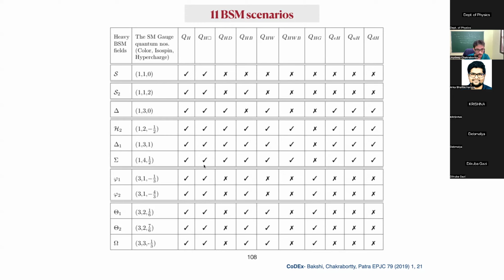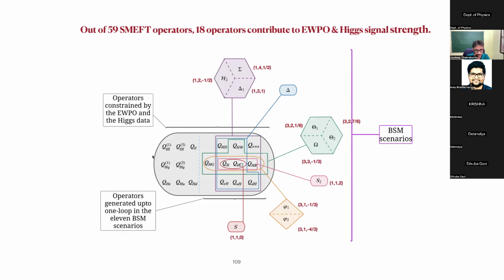Once we have all the Wilson coefficients after integrating out these 11 scenarios, we get this table. Now you can see all these operators written here. It is very interesting to see that not all the operators belong to all the scenarios.